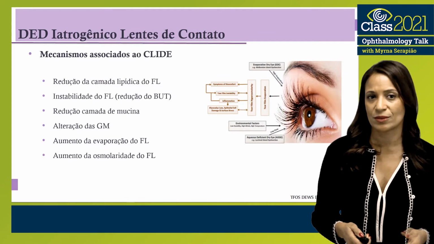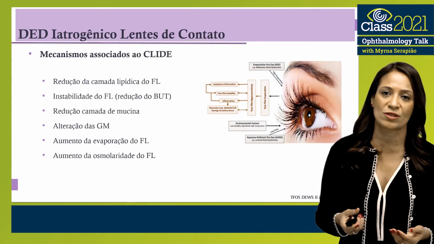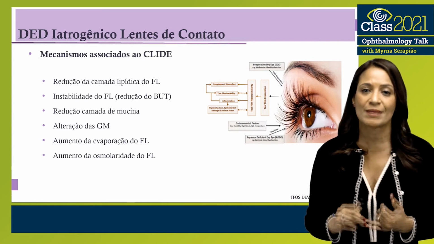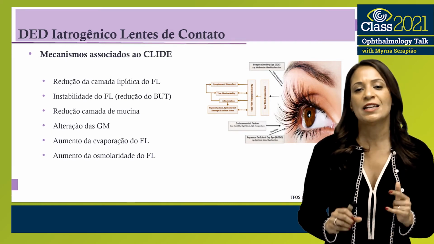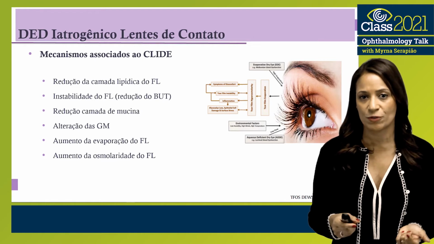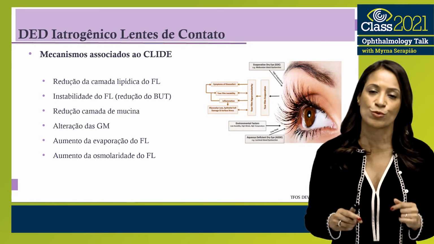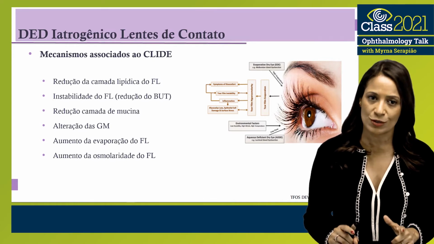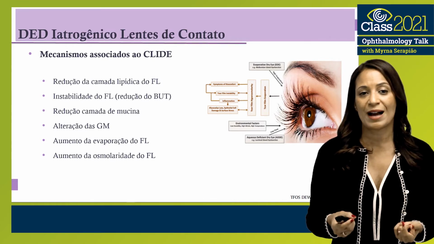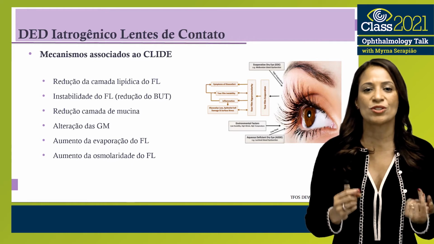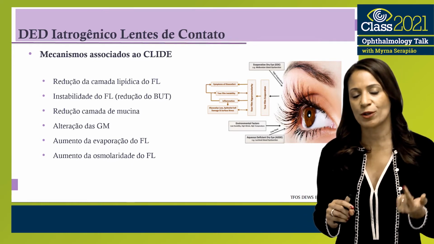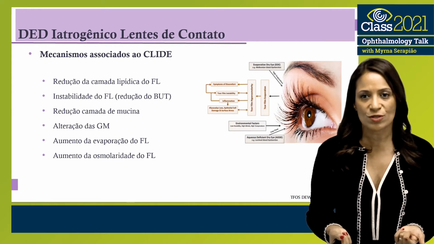But what then would be the mechanisms associated with dry eye induced by the contact lenses? Reduction of the lipid layer of the tear film, that will cause instability of the tear layer with reduced breakup time and also leading to a change in the mucin layer, alteration of the structure and physiology of the Meibomian glands, and finally an increase in evaporation and increased osmolarity.